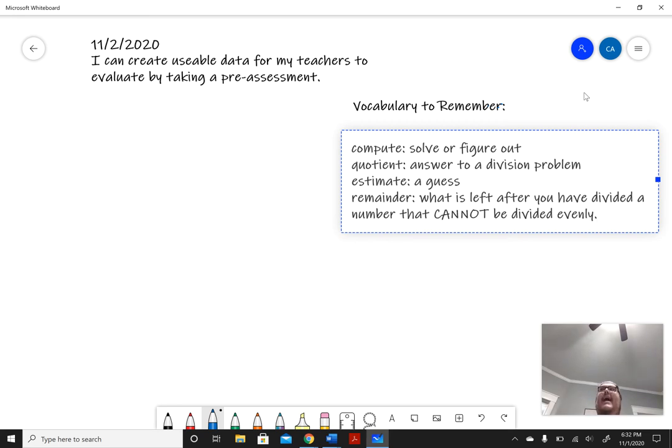Like if I had 13 divided by 4, well, I know that 4 goes into 13 3 times because 4 times 3 is 12. I would have a remainder of 1. 1 technically can be divided by 3, but then you get a fraction of 1/3. So for today's purposes, you'd have a remainder of 1.